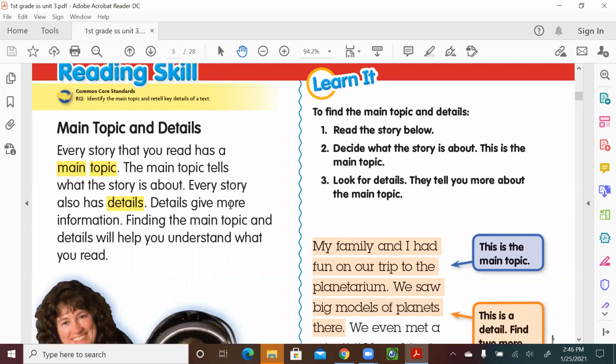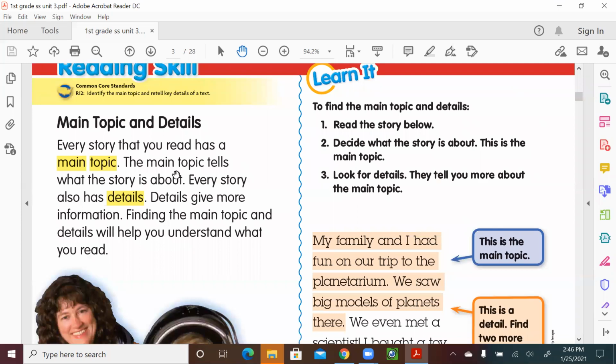So let's read together. Main topic and details. We agree the main topic is what the story or the selection is about, and details are the information to prove and to make it easy for you to understand the selection or the story. Every story that you read has a main topic. The main topic tells what the story is about.